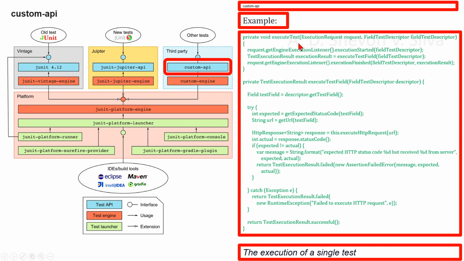The execute test method retrieves the URL and the expected status code and then actually executes the HTTP request via a purely technical helper method.